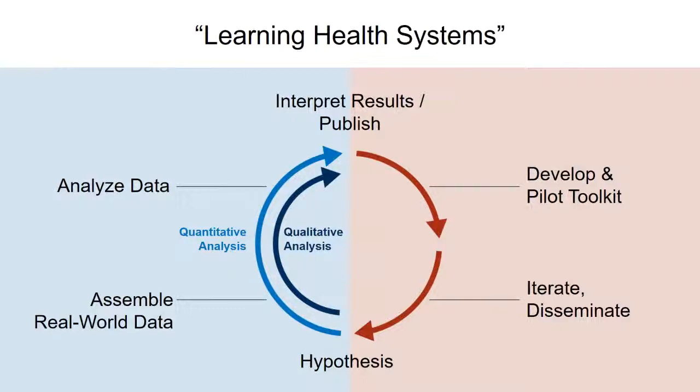But then there's a whole implementation arm as well, the right half of this figure, where you can develop different toolkits for quality improvement, develop best practice advisories, disseminate those, improve care, and then develop new hypotheses about what best practices might be.